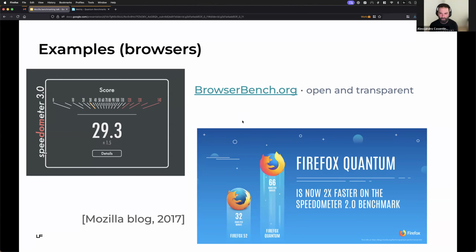Assuming the Quantum that is here is not really the quantum I'm going to talk about, it's interesting that they did use Speedometer, which is the Browser Bench suite of benchmarks, to improve the performance of Firefox in a new release by 2 times. And yeah, just to be clear, we are not yet able to run browsers on quantum machines.